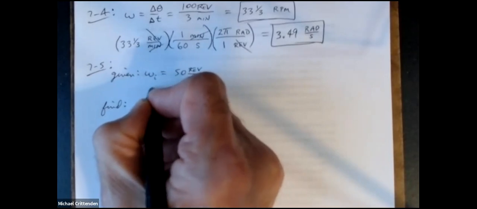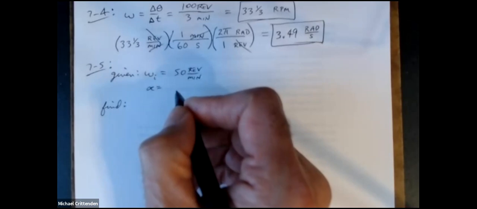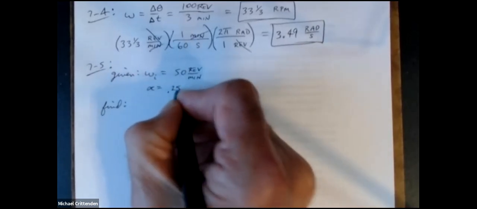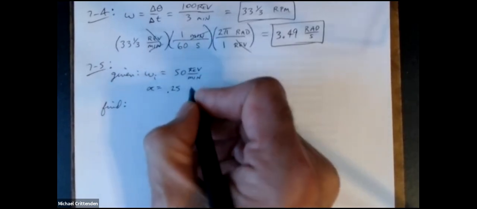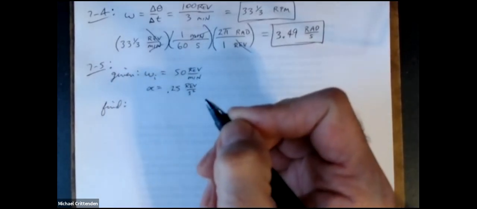Alpha, the angular acceleration, that's 0.25 revolutions per second per second.